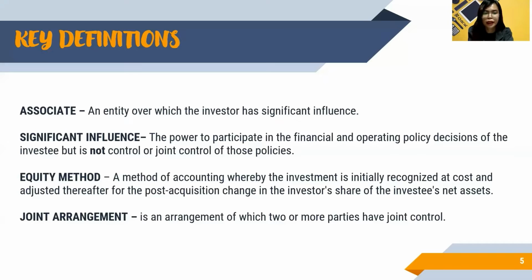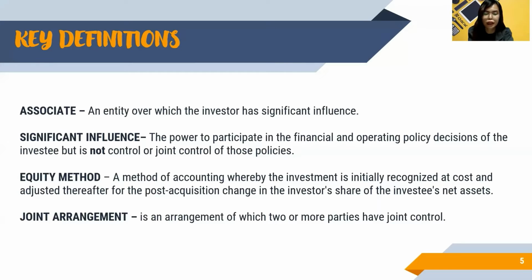First is the associate. It is an entity over which the investor has significant influence. Here, we are the investors. And kapag may significant influence ka over another entity, that entity is your associate. So, what is significant influence then? Take note, this is the power to participate in the financial and operating policy decisions of the investee, but is not control or joint control of those policies.